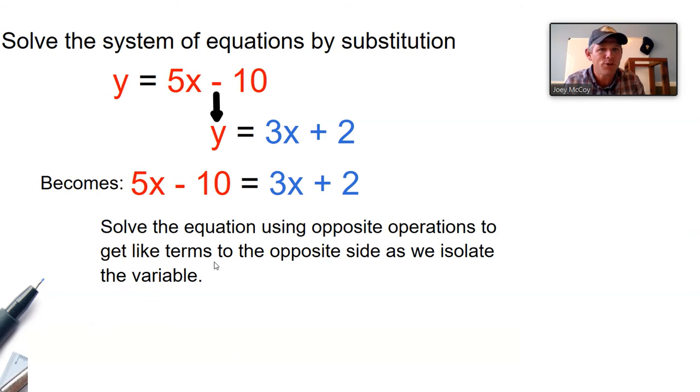We just needed the substitution so that we could get rid of the y variable so that we can solve the x variable. If you would pause the video now so that you go ahead and write down that direction, solve the equation using opposite operations to get like terms to the opposite side as we isolate the variable.